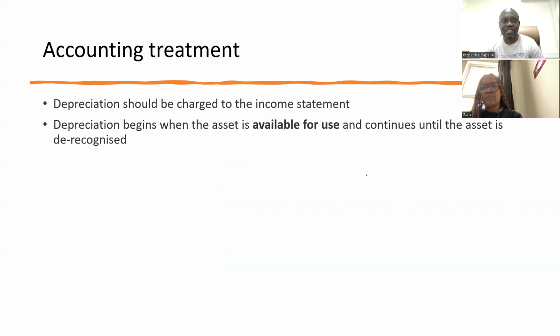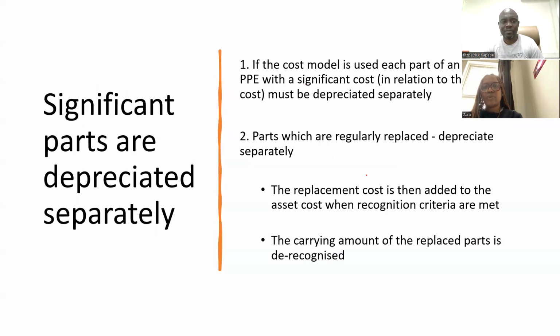So I've already explained the accounting treatment of this particular thing. You may find, and it's possible in the aviation industry, where parts are depreciated separately, for example for a plane. So you depreciate certain assets in different ways, with different lifespans.